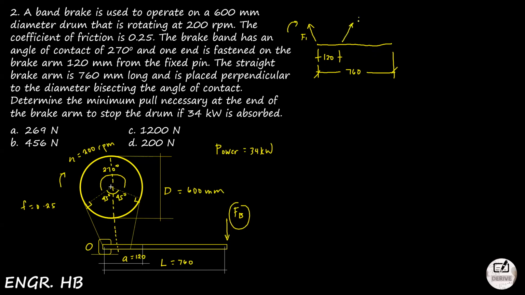And this is your F2 at some angle of 45 degrees kasi 45 degrees to guys. Okay. So, ang hinahanap is the minimum braking force. So, pwede na tayong, ito ang point O. So, create muna tayo ng equations, guys.